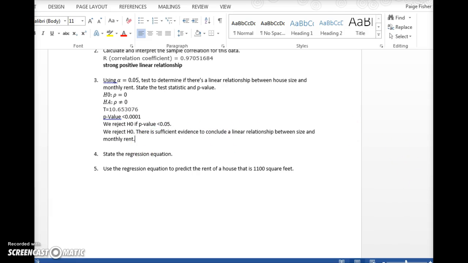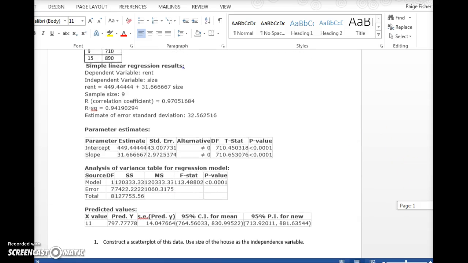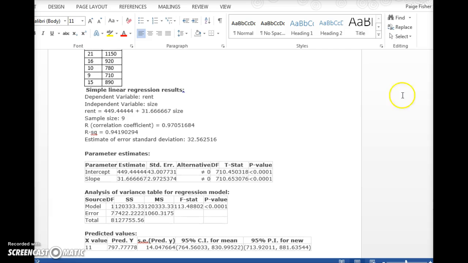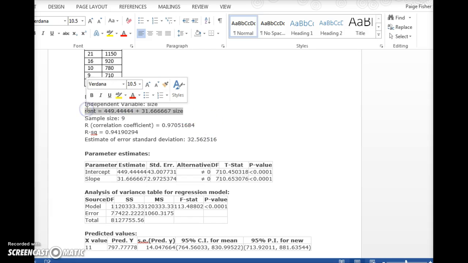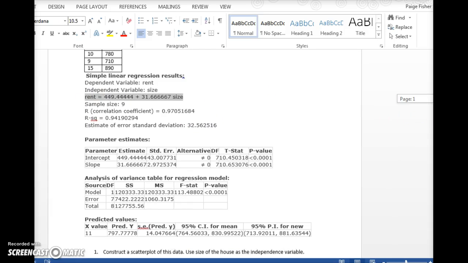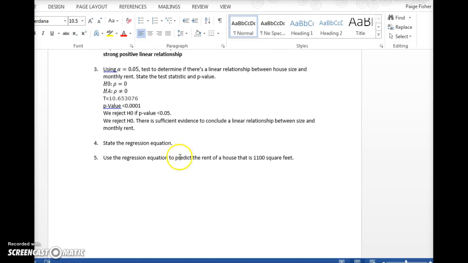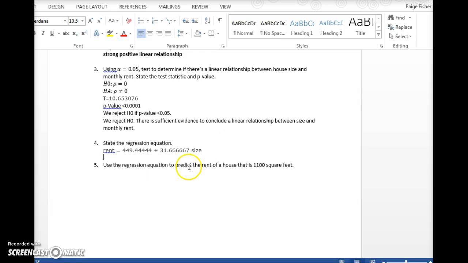So going back up to our output, our regression equation is just right here. So copy that and put that underneath the regression equation. So that's just our regression equation. And I'm going to copy it again for number 5.